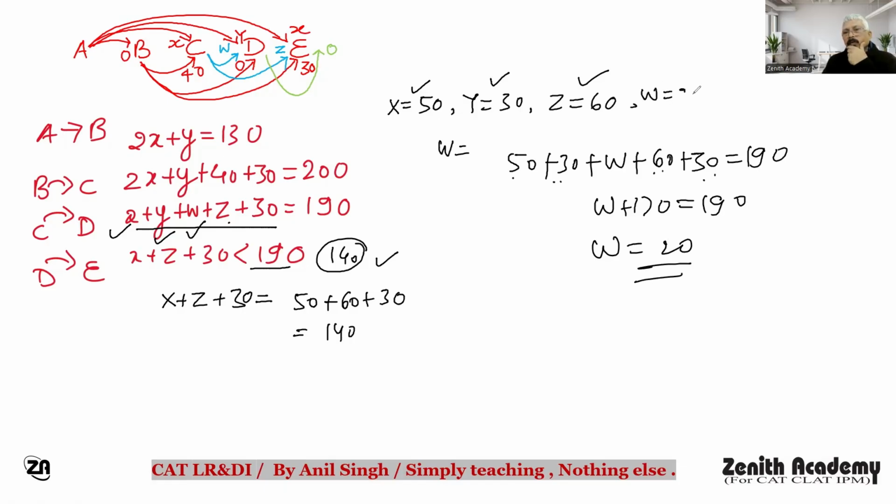So this w is equal to 20. Now every point is clear.